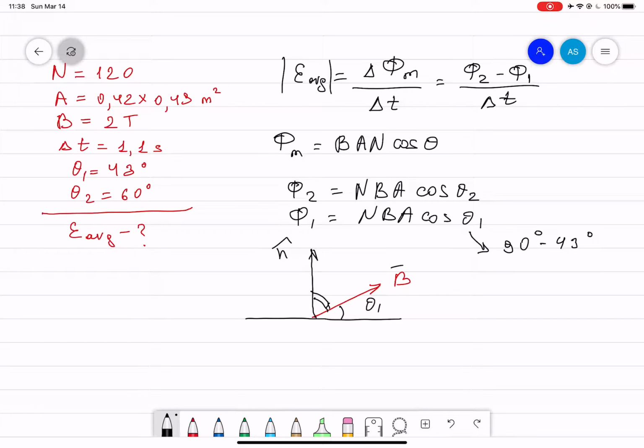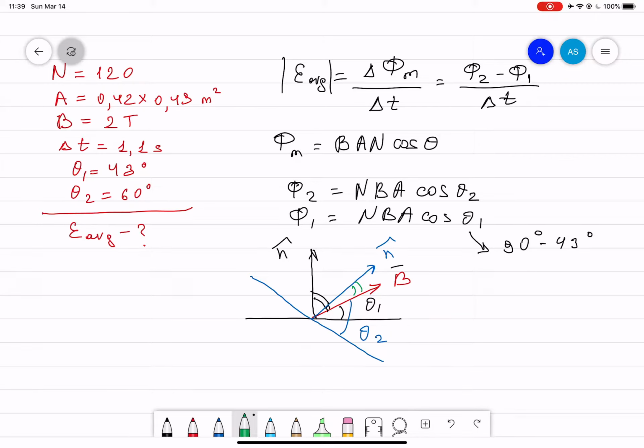Now then what happened after that? After that, the plane has been moved to 60 degrees with respect to B. So this is the plane that has been moved, and this one is theta 2. Then we know the area vector is in this direction, so we are looking for this theta angle.